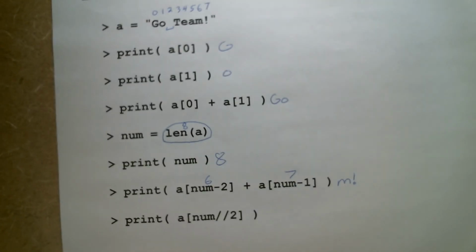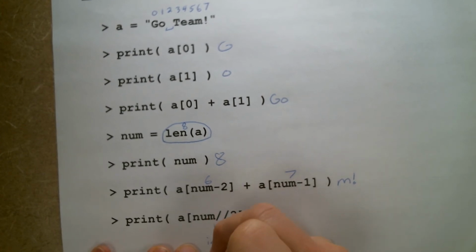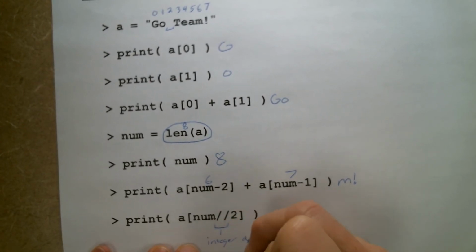All right. Now, here we have num double division, which remember is integer division, which is another way of saying no decimals.